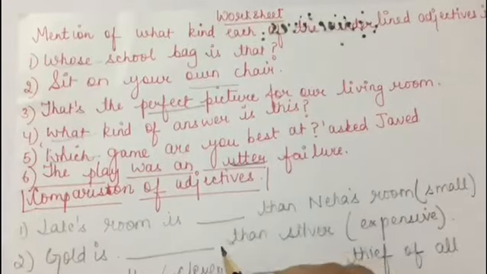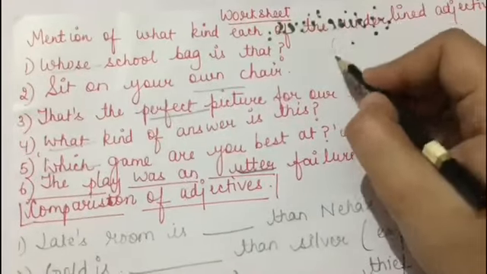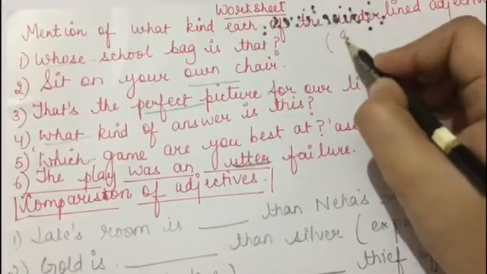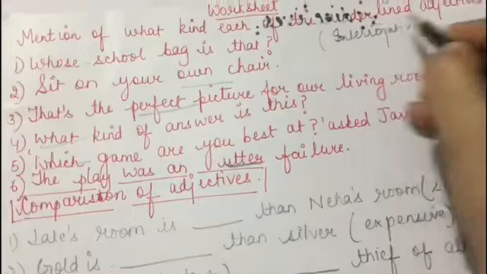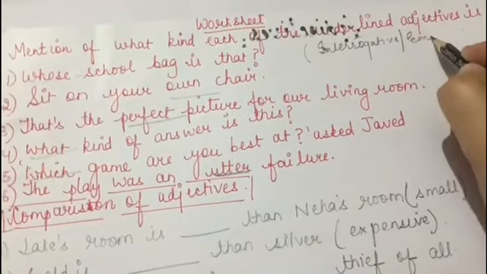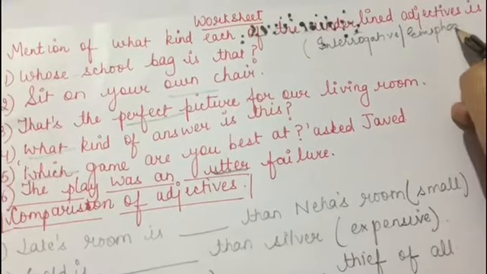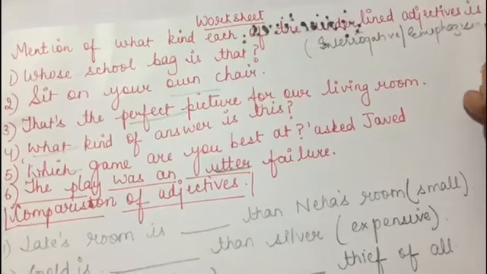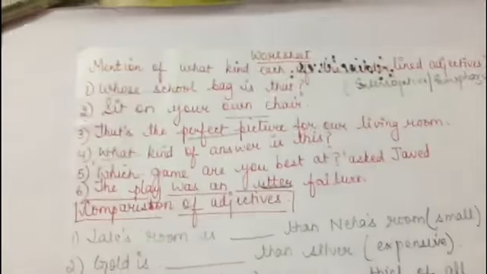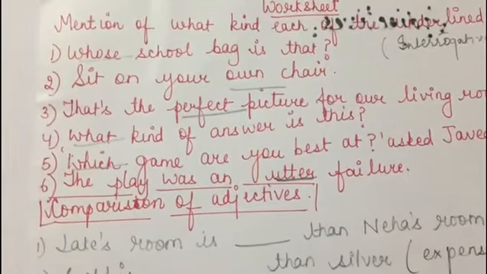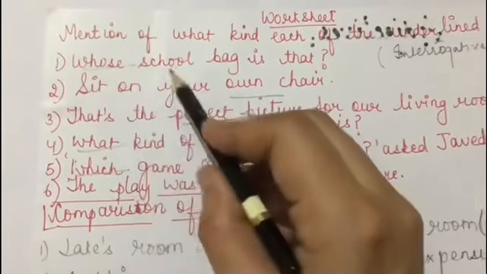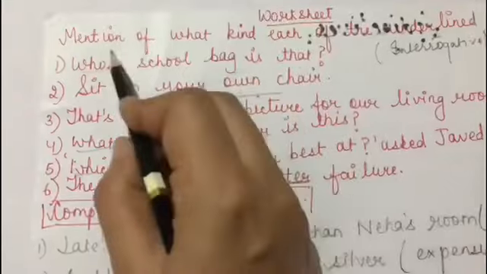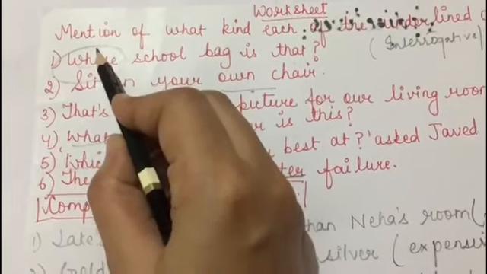These are the adjectives that I have underlined, and you just have to mention whether these adjectives are interrogative or emphasizing. I'll just do the first one for you all. Whose school bag is that? Here, whose is an interrogative adjective.